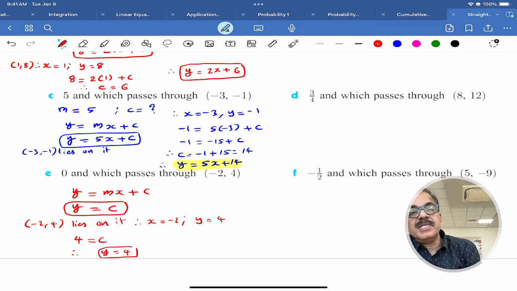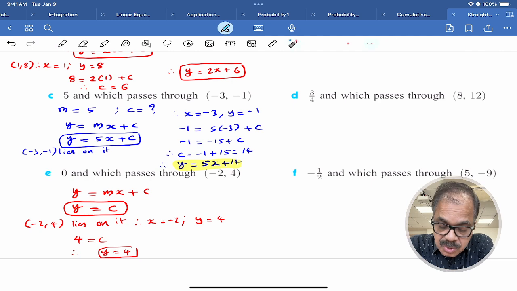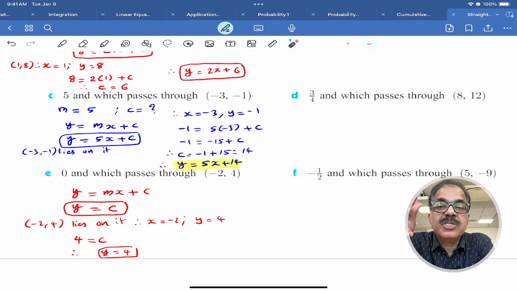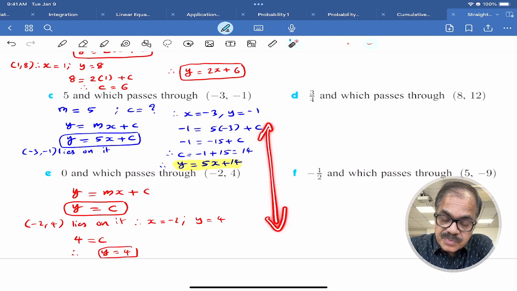So we could have done this directly because if you look at this question here, it says the gradient is 0. So the moment they say gradient is 0, you should realize that the line is a horizontal line. There are two kinds of lines we have learned. One is called a horizontal line and the other one is called a vertical line. For a horizontal line, the gradient is 0, and for a vertical line, the y-axis is a vertical line, and any line parallel to it is called a vertical line. So it will look like this.